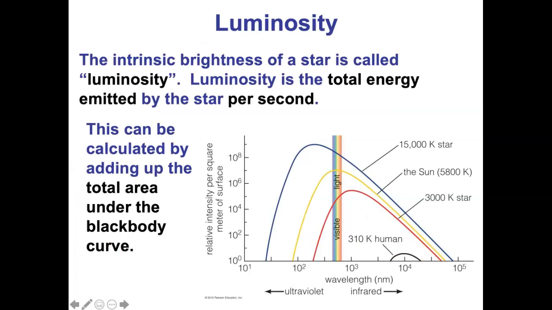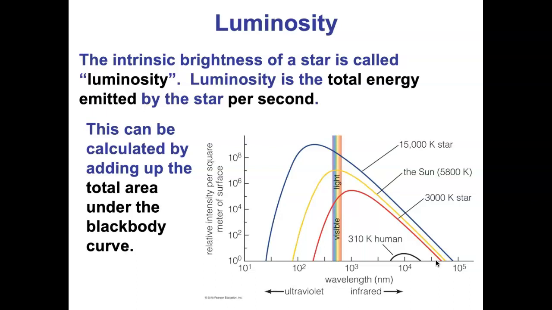There's one more thing we can do with this. With a graph like this, what are we seeing? We're seeing a graph of intensity per square meter per second versus wavelength. So you can get a sense of the luminosity, because this is a graph of energy emitted at each wavelength. If you take the full area under each of these curves, you're adding up all of the light at all the wavelengths, and you're asking what's the total amount of energy that this star gives off at all wavelengths per second?